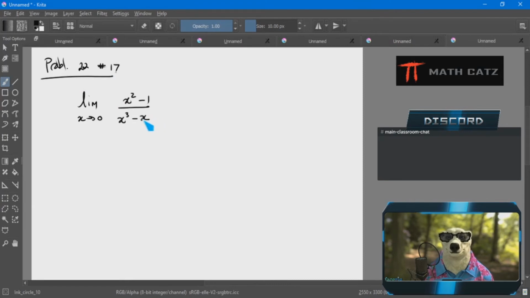Your calculator says error. So I now have to figure out, where does that error come from? Why is this function not defined at 0? Could be a little hole, could be a vertical asymptote, really, those two. So plugging in 0 at the top gives me -1. Plugging in 0 at the bottom gives me 0.